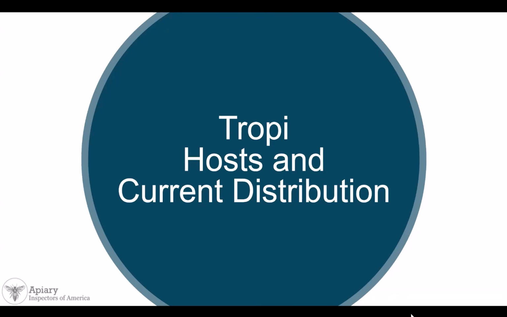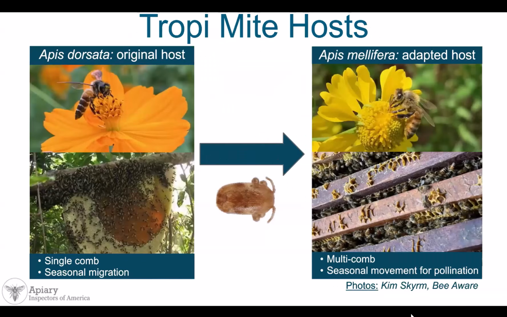So we'll talk about Tropi, its host, and its current distribution. Its main host, or its original host, is Apis dorsata, the giant honeybee. Those are found in Asia. They have a single comb. They hang from trees or high buildings. It's out in the open.